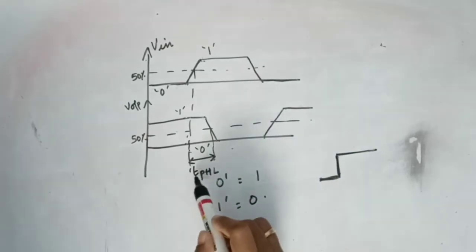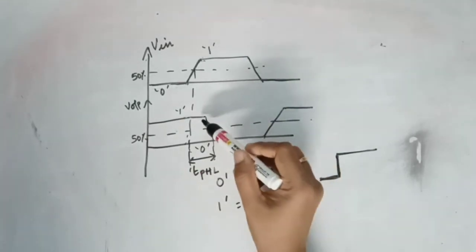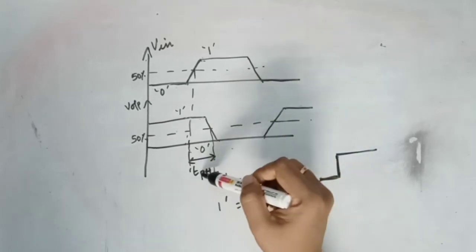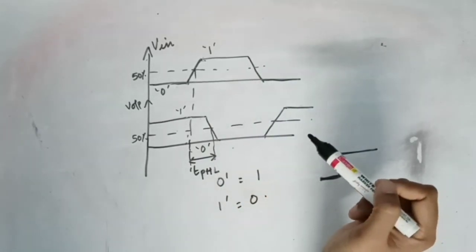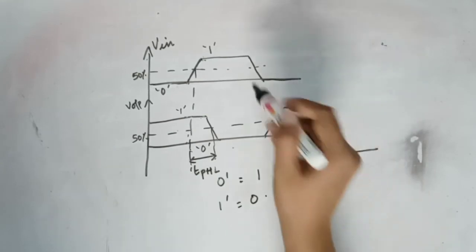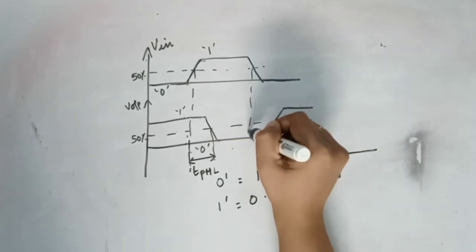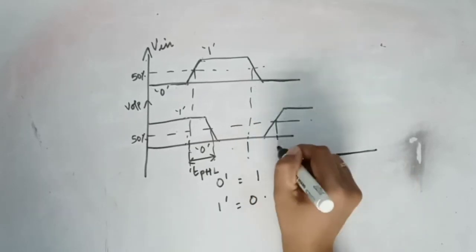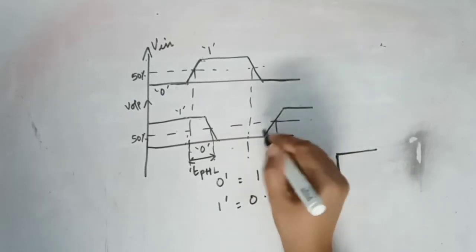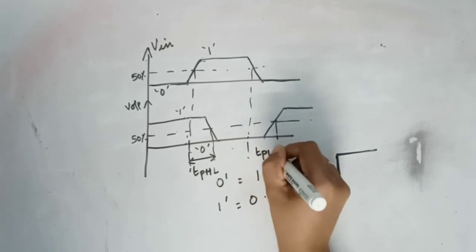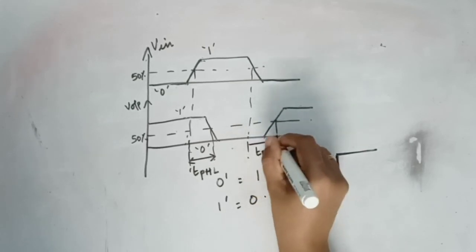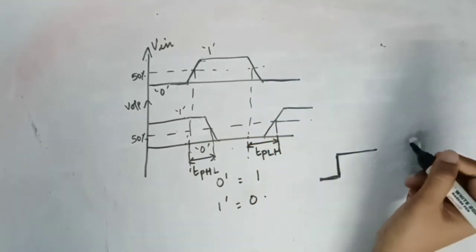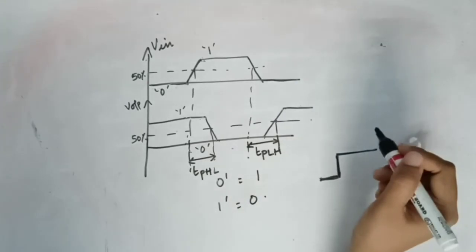The time it takes for the output to fall from high to low is called TPHL. And due to a change in input, there is a change in output here. This is from low to high. So that is TPLH, the time it takes for the output to change from low to high.